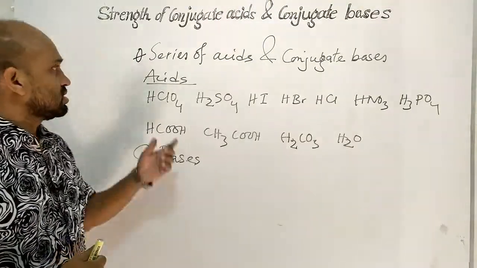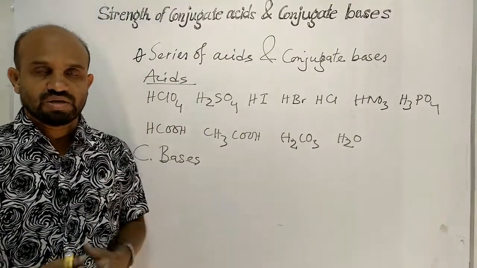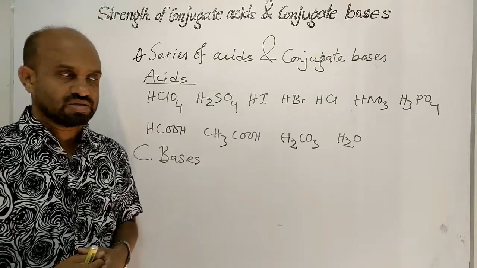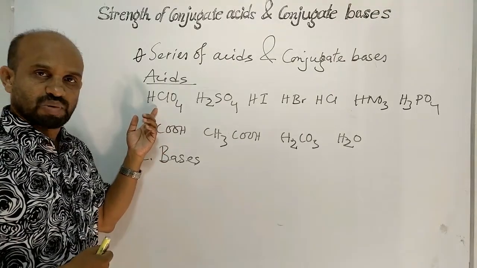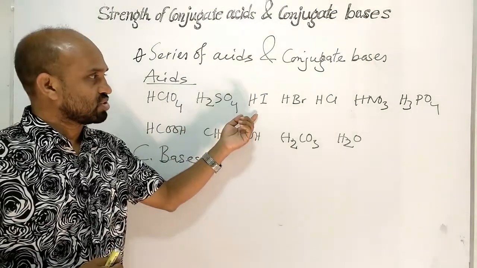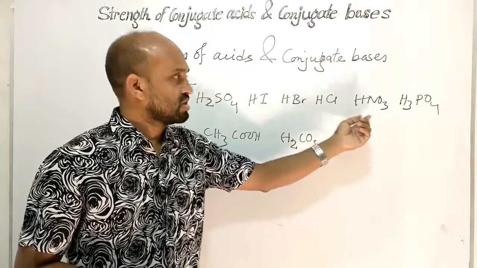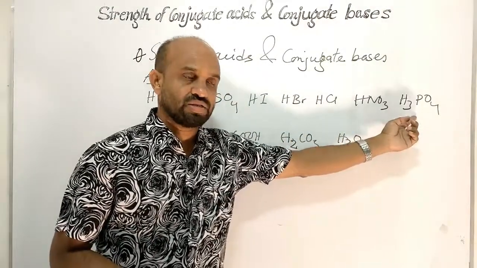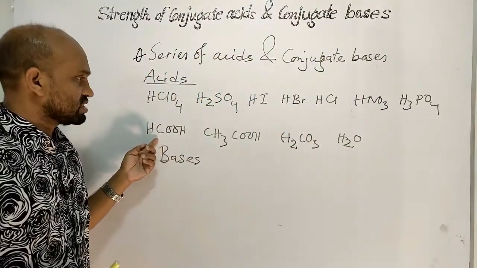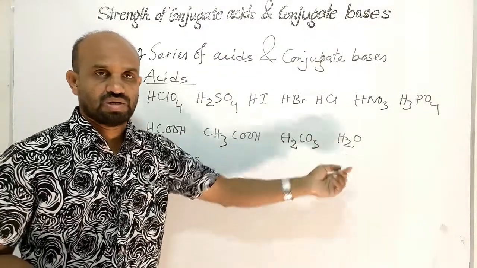Now the point is series of acids and conjugate bases. Here there are some acids. Those are perchloric acid, sulfuric acid, hydroiodic acid, hydrobromic acid, hydrochloric acid, nitric acid, phosphoric acid, formic acid, acetic acid, carbonic acid, and water.